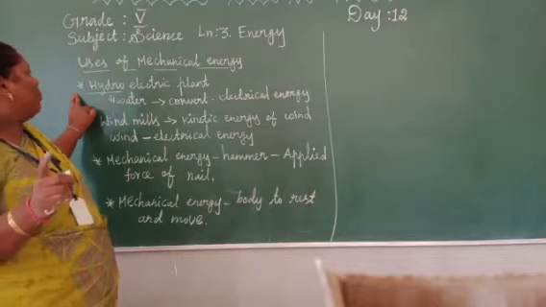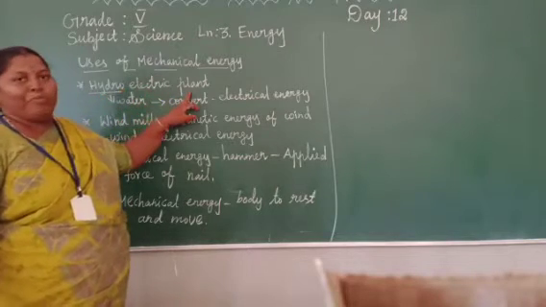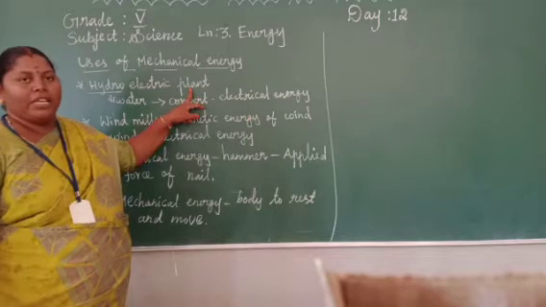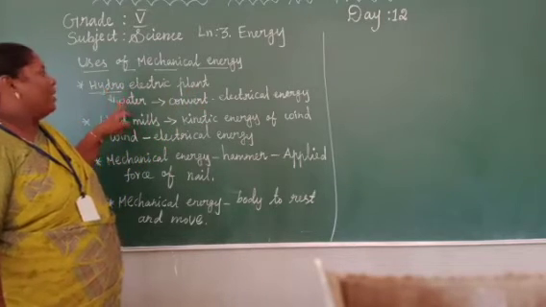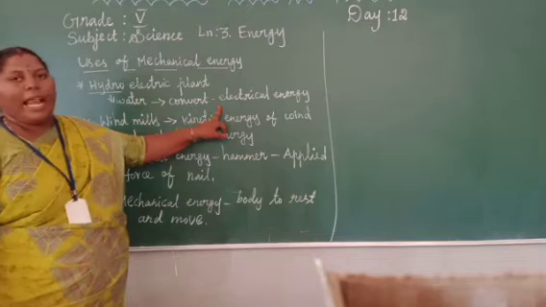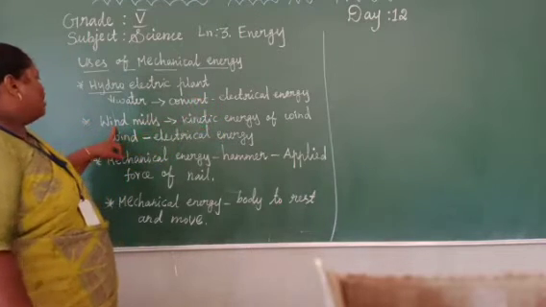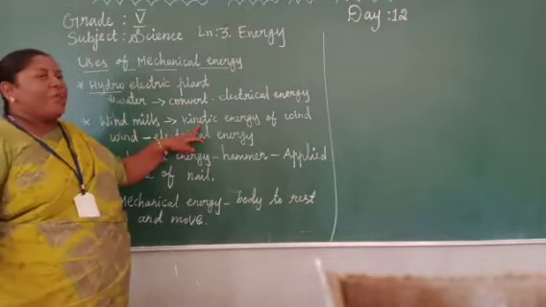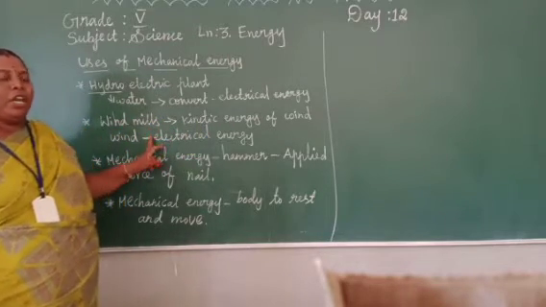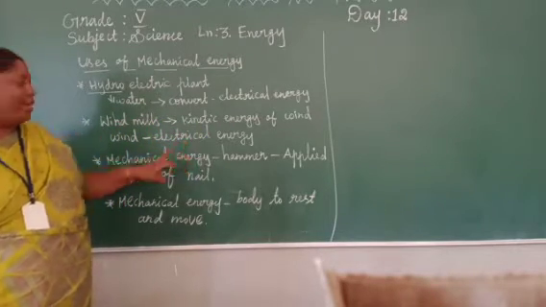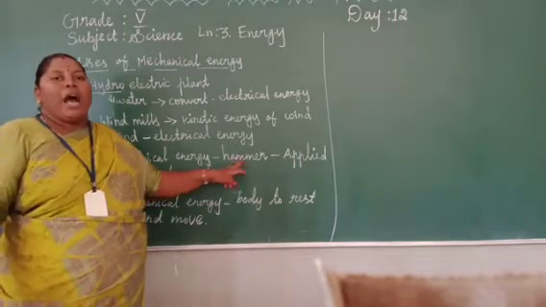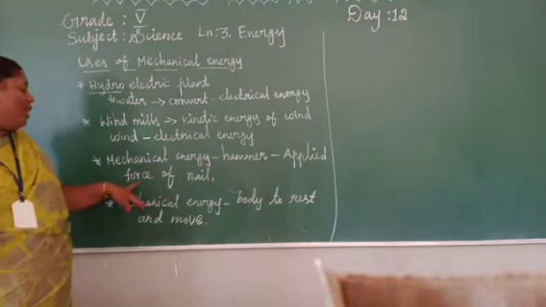The first point, hydroelectric plant uses kinetic energy. Hydro means water. The water is converted into electrical energy. And second one, windmills use the kinetic energy of wind. The wind is converted into electrical energy. And third one, mechanical energy of a hammer applies force on the nail.